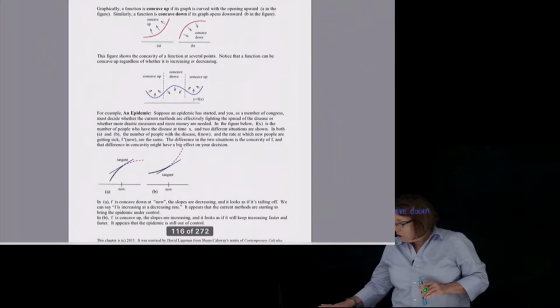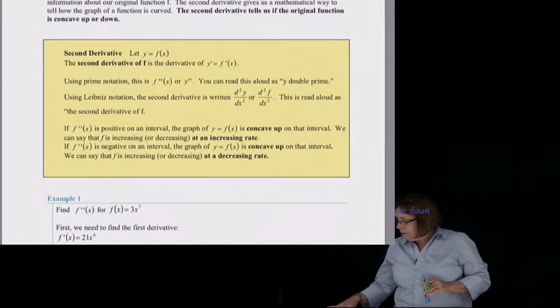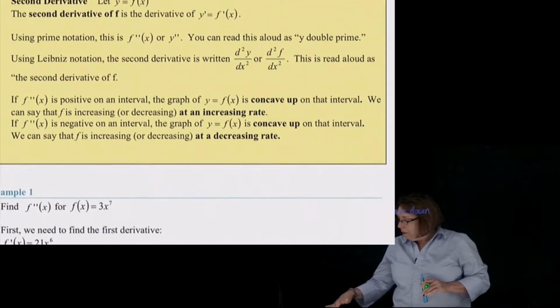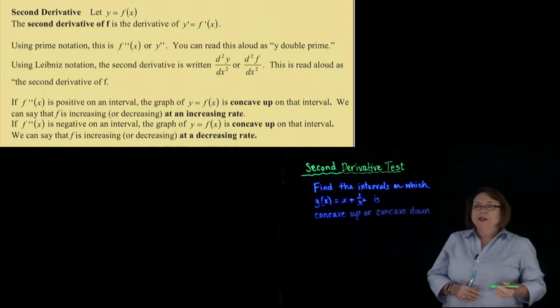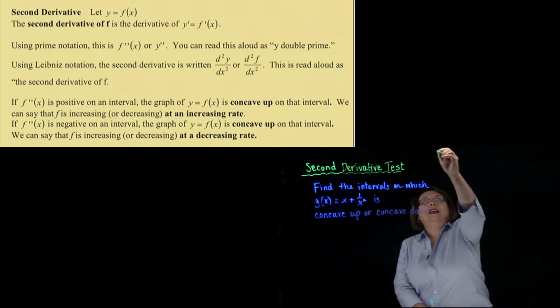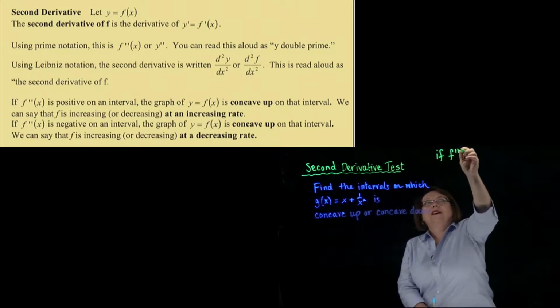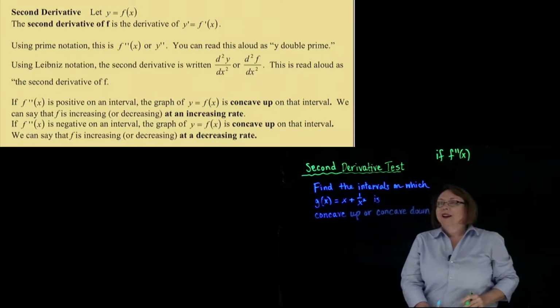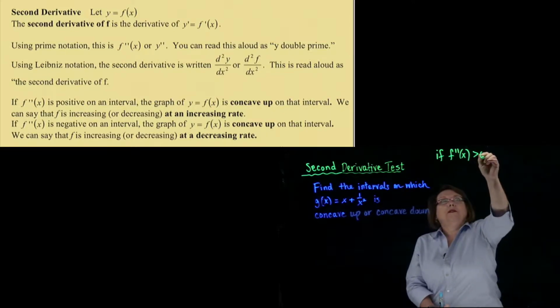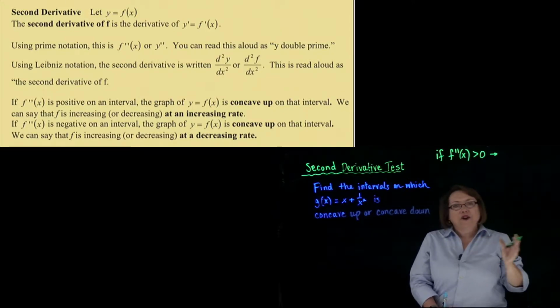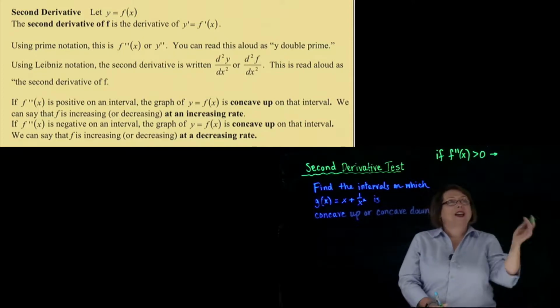I wanted to also show you something else here. Our rule for what happens with our second derivative. So if our second derivative is positive on an interval, meaning greater than 0, then it means that our curve or our graph is concave up.